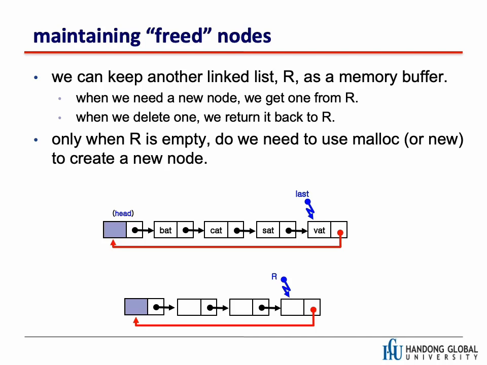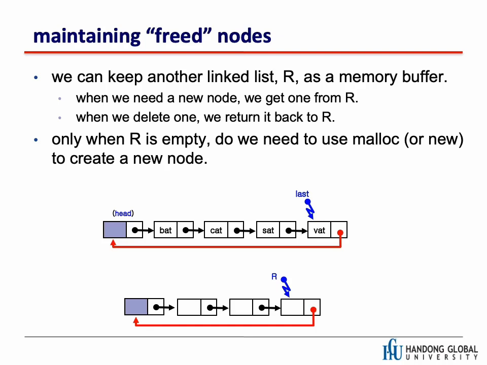At the same time, the head of the memory buffer will point to cat, and the link of cat will point to the first node of the memory buffer. So we just moved this cat node from our list to the memory buffer. We didn't allocate memory space, and we didn't deallocate memory space.